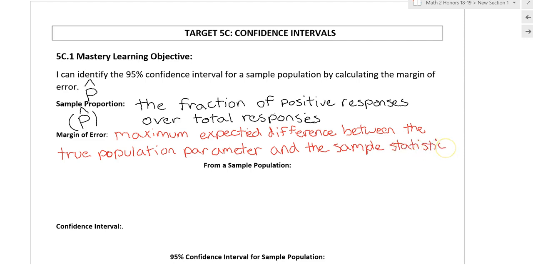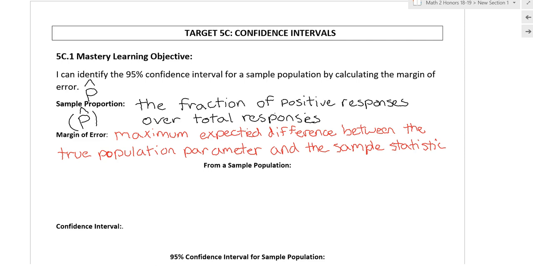So the most common form of this is when you watch the news during any election. All right, they'll say 40% plus or minus 2. All right, you're going to vote for this candidate. They'll be like, we might be off a little bit. That's their margin of error. Like, we think it's going to be 42, but it could be anywhere around there, really. Okay? So that's this margin of error.